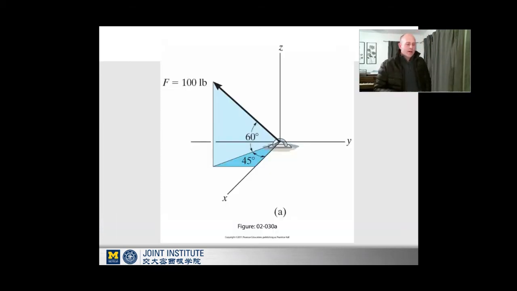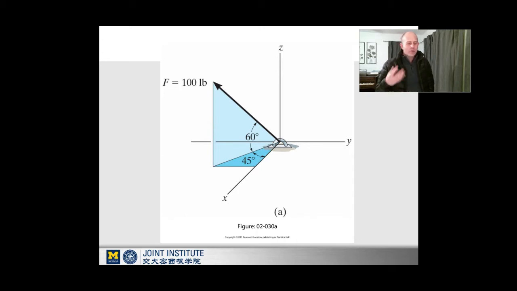Vectors can be defined in 3D space, and as you can see in this one, one of the ways that we define the components of a force is that we find the projections onto a plane. The 100-pound force in this particular image here, you can find its projection onto the xy plane first, and then you define those components in x, in y, and then, for example, in the z component.